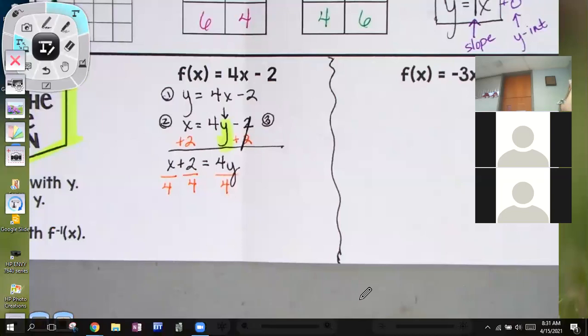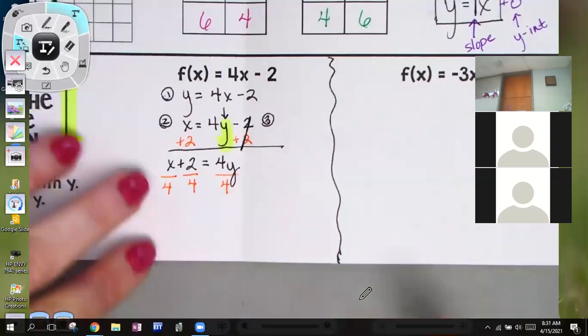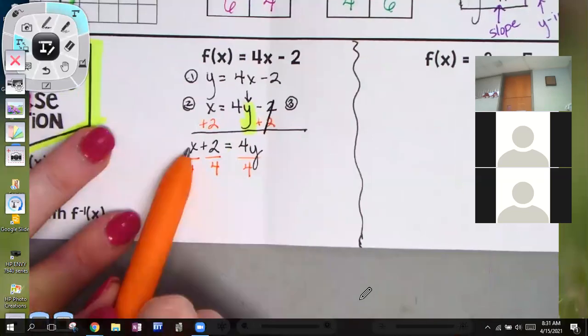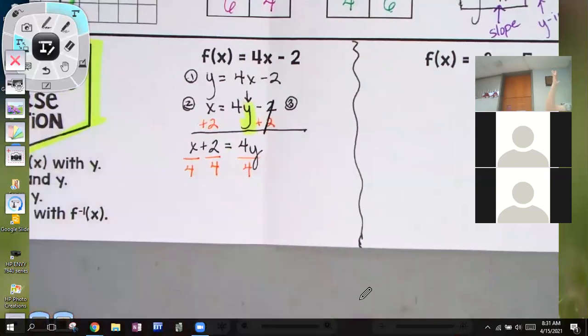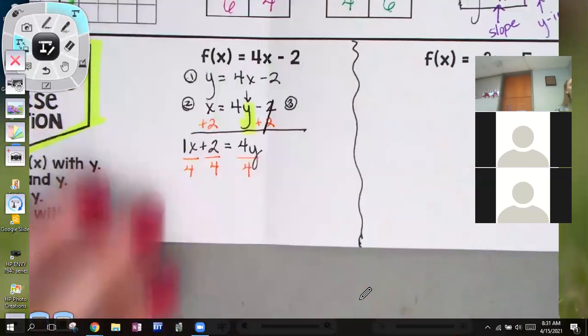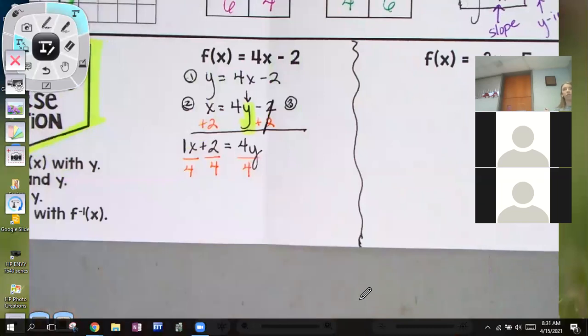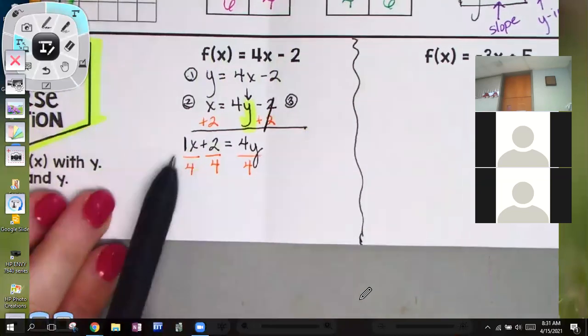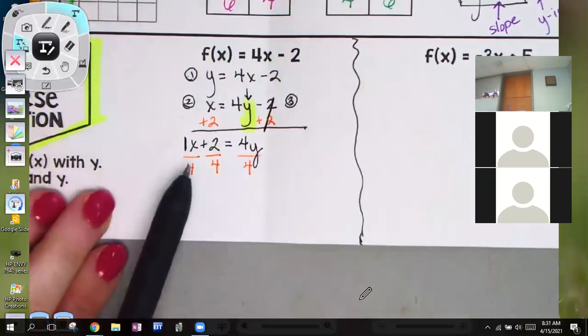First things first, a lot of people get to here and they say x divided by 4. What's happening? Nope. This is just 1x divided by 4. You just take the numbers. Don't look at the variables yet. So what am I actually dividing? 1 divided by 4.